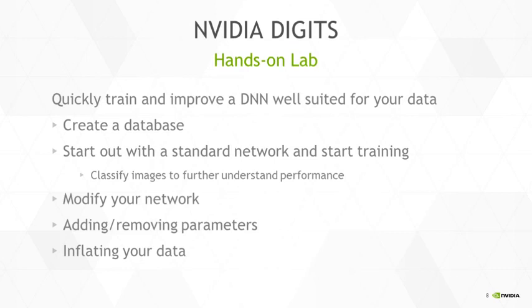I'll talk about creating a database, starting out with a standard network, ways to modify your network, and adding and removing parameters. We talk a lot about how easy it is to tweak and modify your network, and I'll give you a couple examples on how to do that. And then I'll talk about augmenting your data.